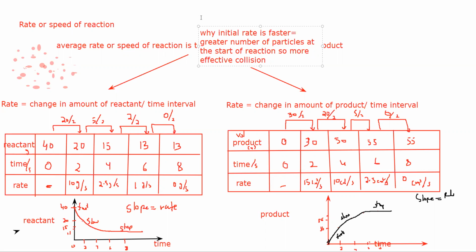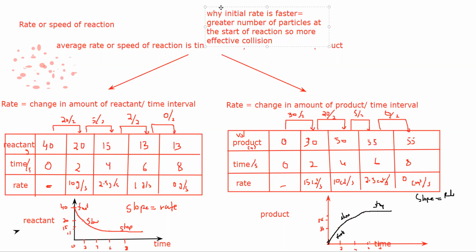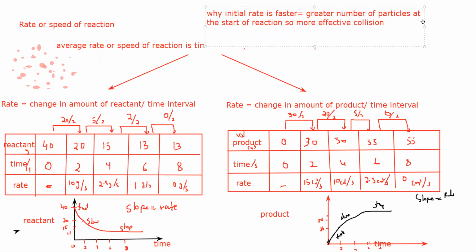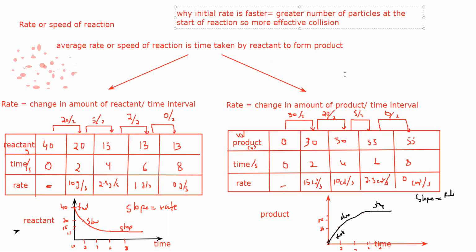As we have a greater number of particles at the start of the reaction, they have more effective collisions, which result in formation of greater product in the beginning. Product is formed when the reactant particles collide. So the greater the number of reactant particles, the greater the rate of a chemical reaction. Is it clear? Any doubt in this?